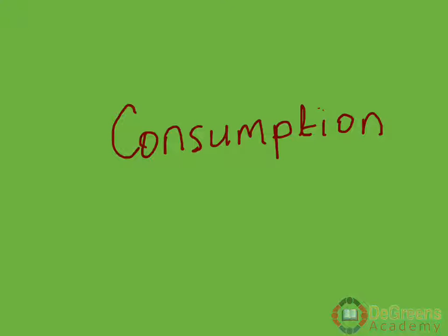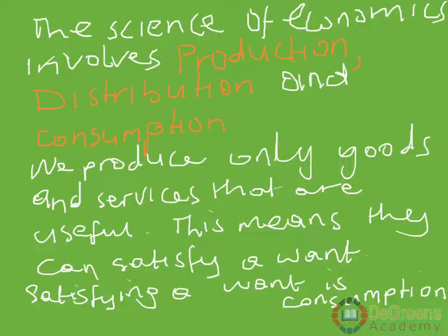Now, as we said, distribution is the link between the producer and the consumer, and consumption. So the consumer consumes because the producer has made whatever he has produced available to him. If we come to consumption, we remind ourselves about the science of economics, which involves production, distribution, and consumption of commodities.